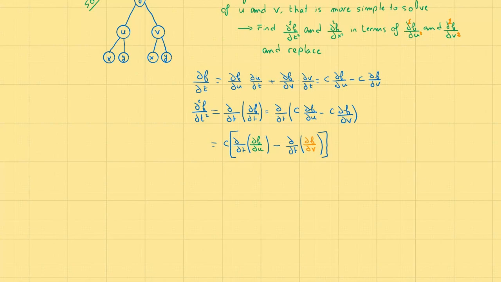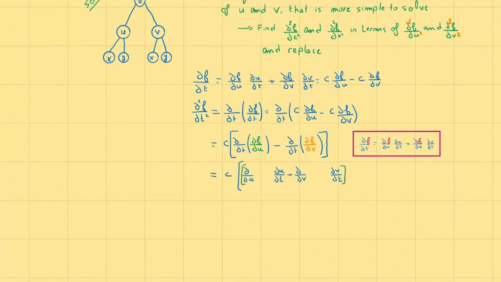Now I will treat each one of these functions as the function f in the beginning. I mean, we know the formula that gives us the chain rule: df over dt equals df over du times du over dt plus df over dv times dv over dt. Now this function f in red in the formula, I will replace it the first time by df over du, the second time by df over dv.